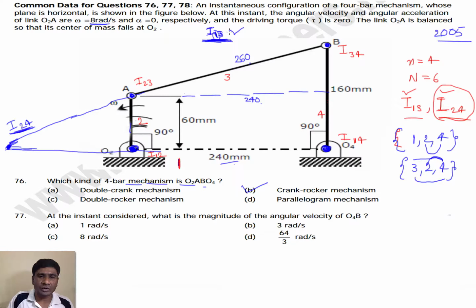Here also the relative velocity of link 1 and 3 at the instantaneous center I13 is 0. This is link 1 and this is link 3, but here again link 1 is constant, that means it always has 0 velocity.